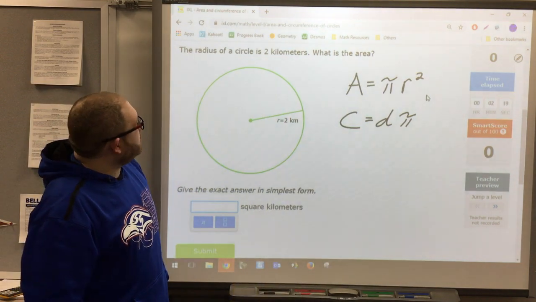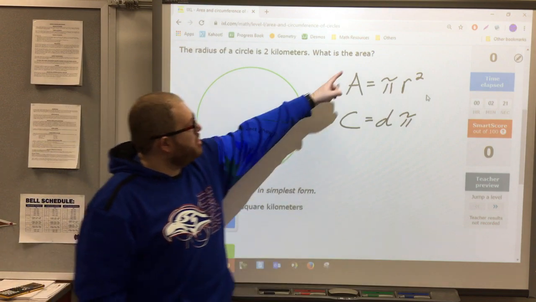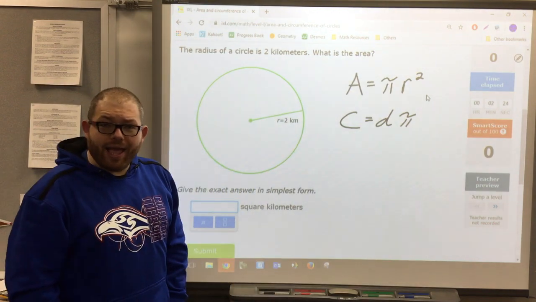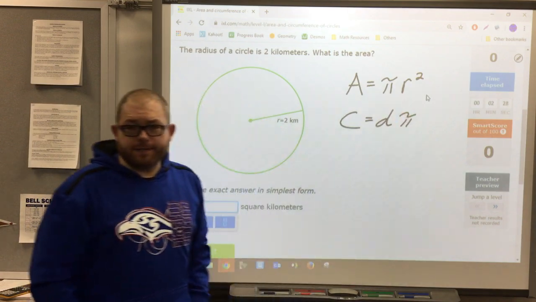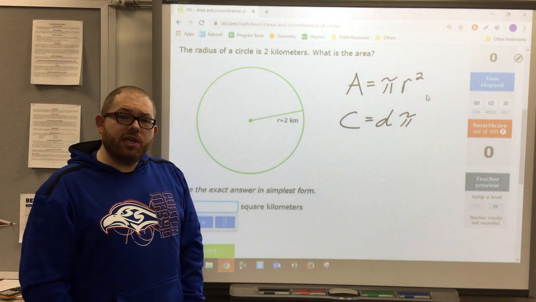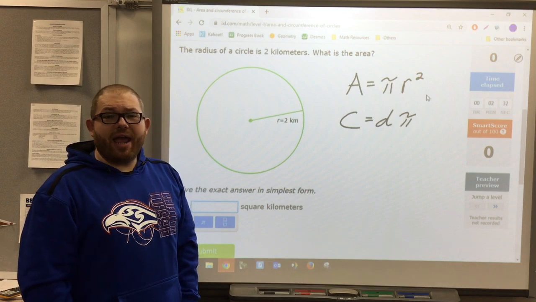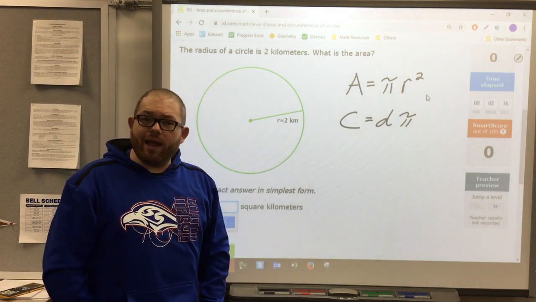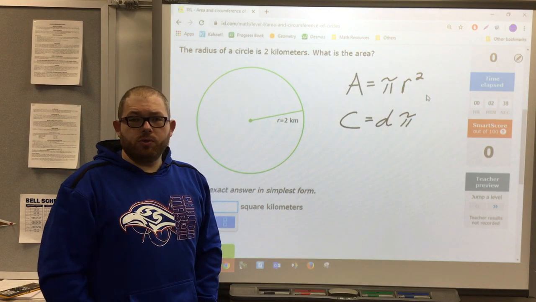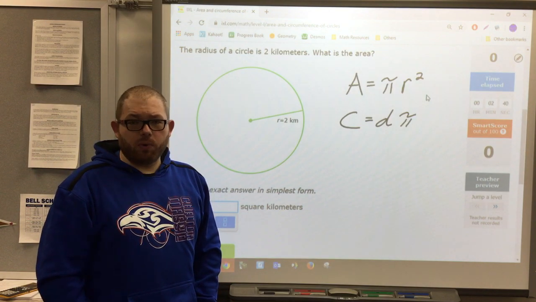In the case of our first question here, it wants me to find the area. And I am given the radius, which is exactly what I want. Now, the first thing you're going to do when you have an area question is find the radius and then square that number. 2 squared equals 4.